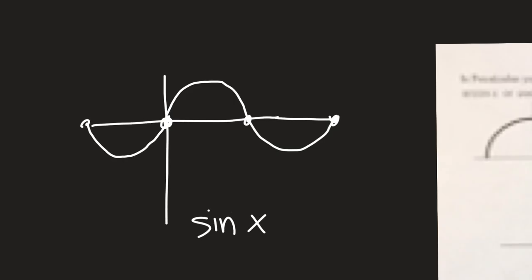Now, if we look at the inverse of the sine function, it is not a function. So sine is not invertible. If it's invertible, that means the inverse of the function is also a function.